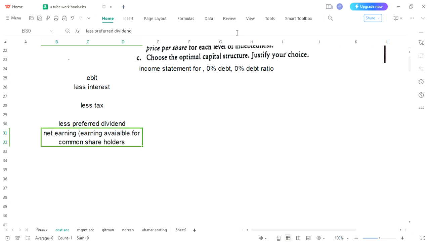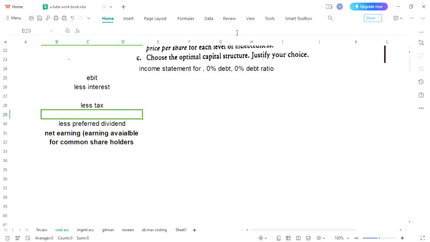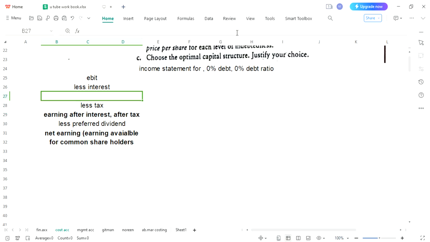Good. So we have net earning available for common shareholders. When you subtract your tax, you will get earning after interest and after tax. And when you deduct your interest, you will get your earning after interest but before tax.